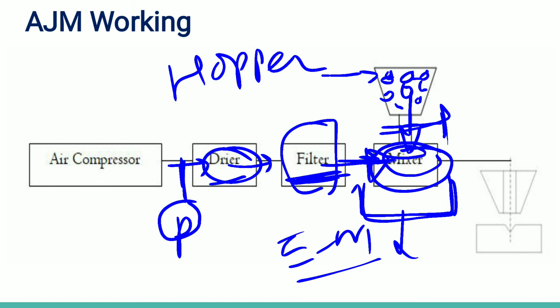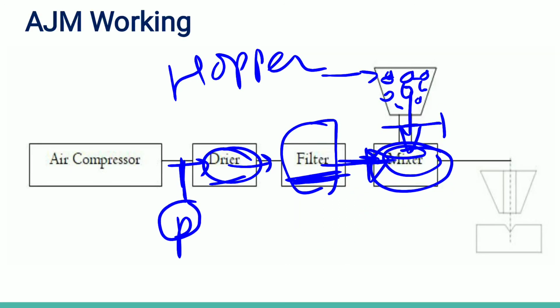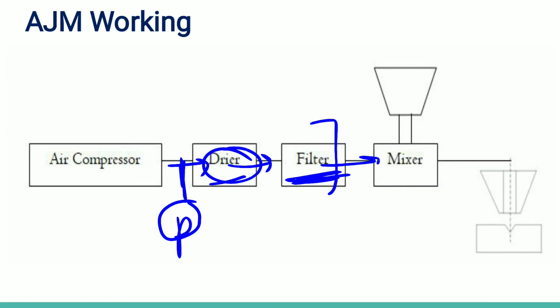We are using the electromagnetic shaker because the air coming into this mixer, we cannot decide a specific direction for it. It moves in random directions in this mixer, so we cannot keep it constant in a particular direction.